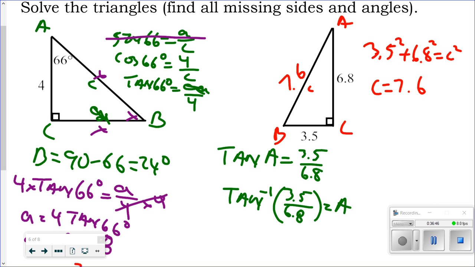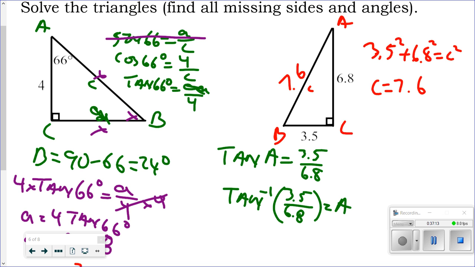If you don't use parentheses correctly, you will get the wrong answer, depending upon how smart your calculator is. But remember, calculators are dumb as posts. They're going to do exactly what you tell them and only what you tell them. So, angle A is 27.2 degrees. That's what I got. That's what you should have gotten on yours. If you did it right, you should get 27.2 degrees.